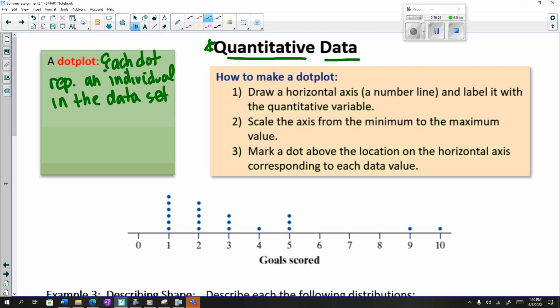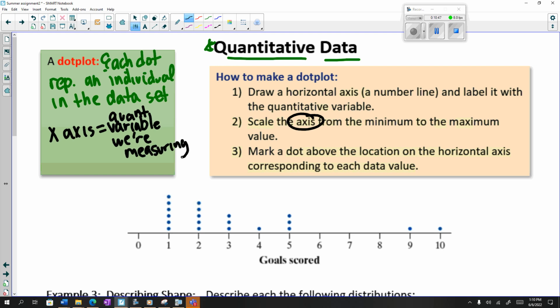And the x-axis is going to be labeled with whatever the variable is that you are measuring. Quantitative variable, by the way, because it's numeric. And basically all you do is put a dot for every person.